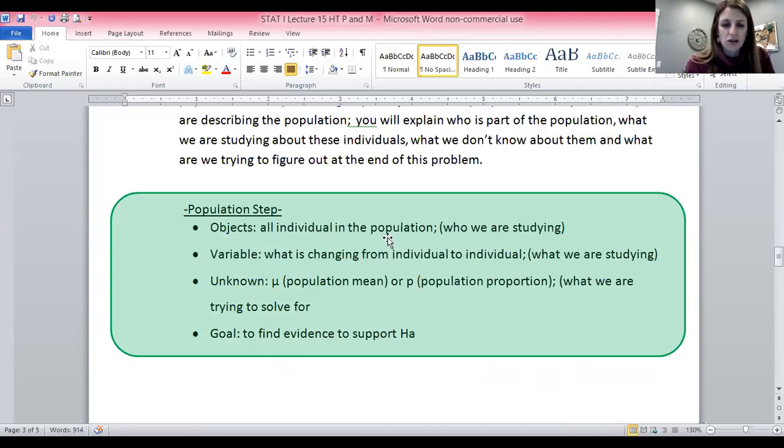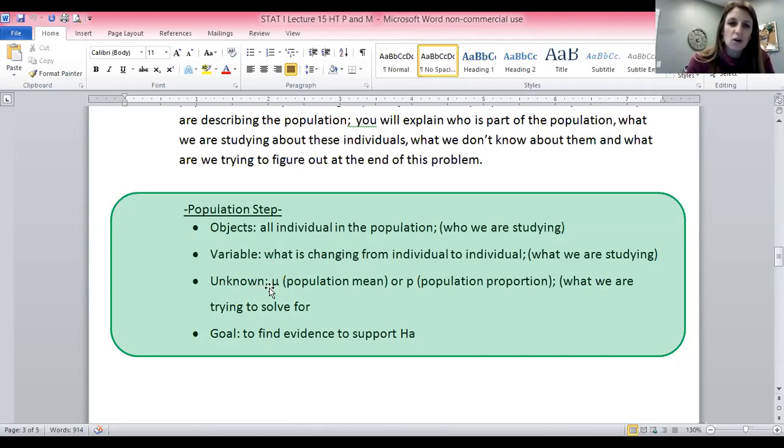So say, in the example today, we're going to look at RIT students, and I'm going to sample some of the RIT students. My population, it's all RIT students, okay? The variable is what we're studying. So remember what a variable is? It's what's changing from individual to individual, and that helps us decide what it is. My variable drives my unknown here.